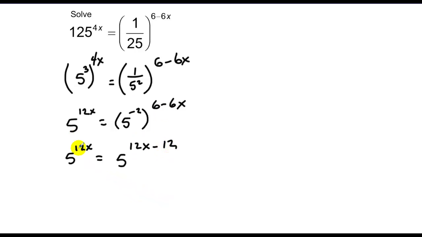And in this case, you'll notice that 12x equals 12x minus 12. Therefore 0 equals negative 12, which is an untrue statement. Therefore, there's no solution on this problem.